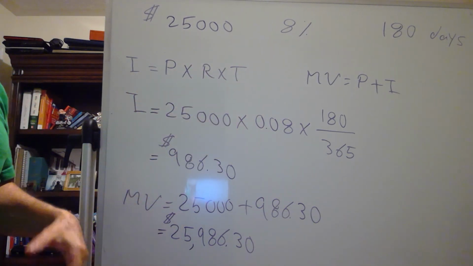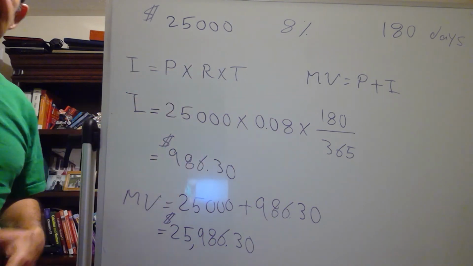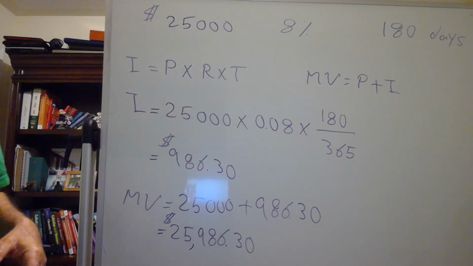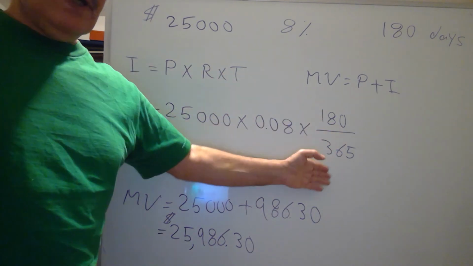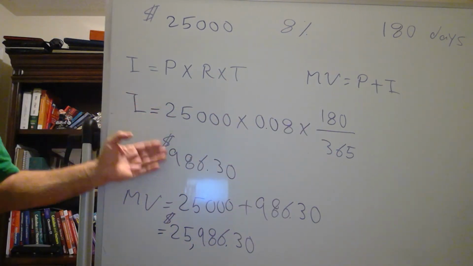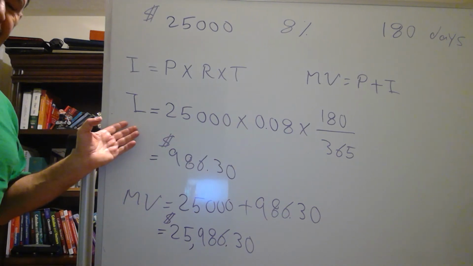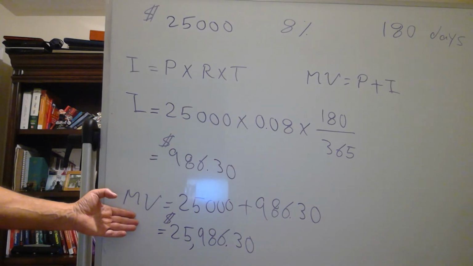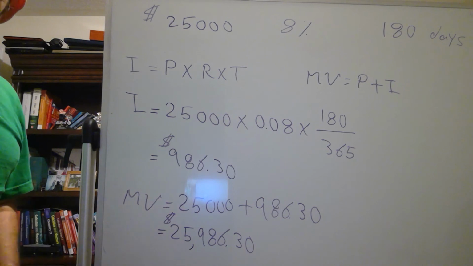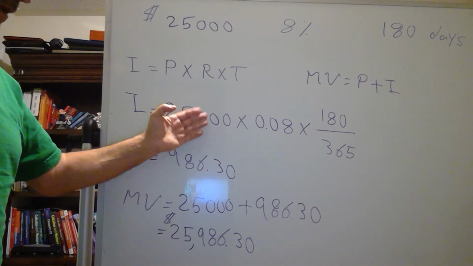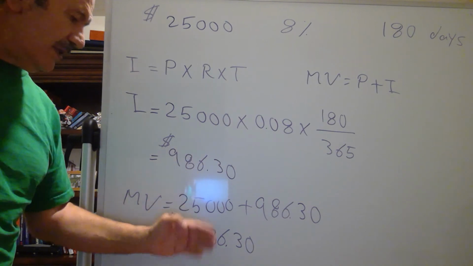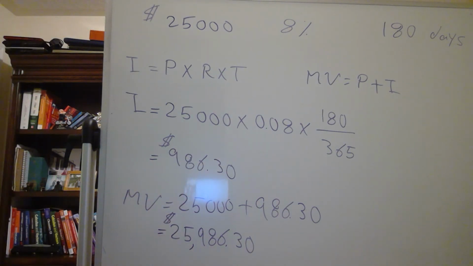If it was 9 months, it's 9 out of 12. 7 months, 7 out of 12, or whatever. If it was in days, just divide by 365 and calculate the interest. If the question asks about the maturity value, then after calculating the interest, add the principal value, or initial value, plus the amount of interest to calculate maturity value.